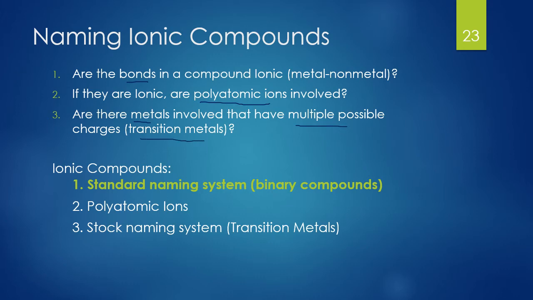So ionic compounds can become very difficult to name because there's a lot of metals on the periodic table to take into consideration. But we're going to start out slow with a standard naming system for binary compounds. Remember that the word binary means 2 elements only. Then we'll move on to talk about polyatomics and the transition metals.